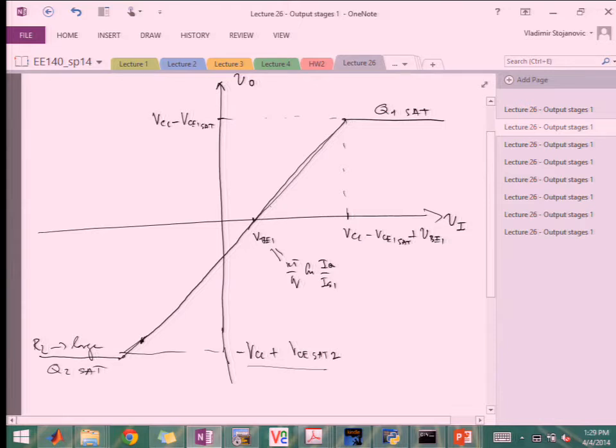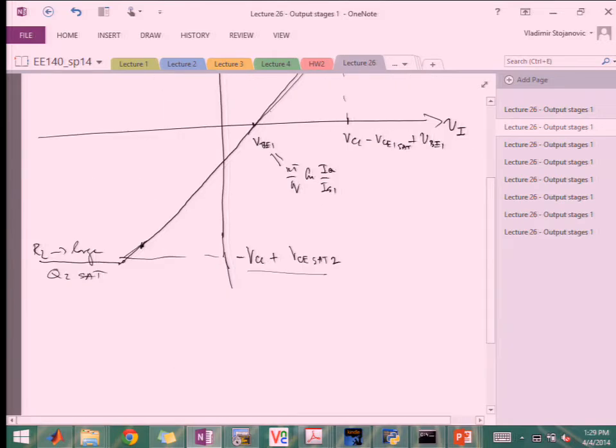In other words, this curve is for RL that is greater than VCC minus VCE sat2 over IQ. Right. This is my max output voltage I can get, and if it's all created by IQ drop on RL, then RL has to be greater than this value for me to hit this limit.